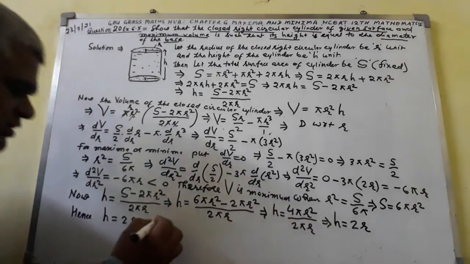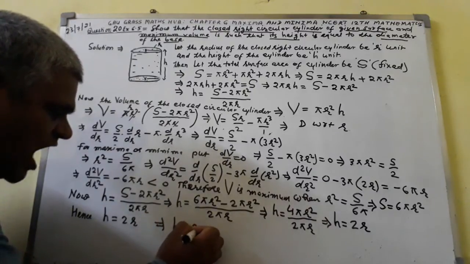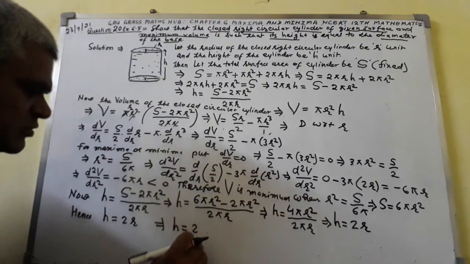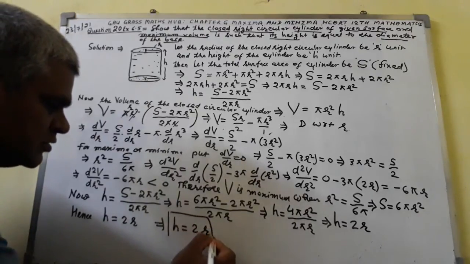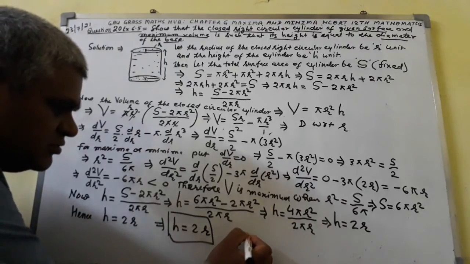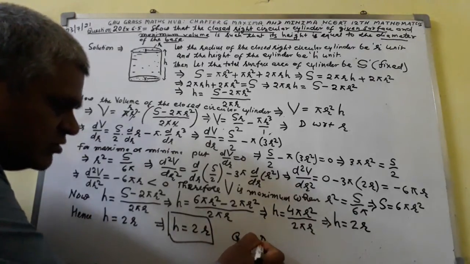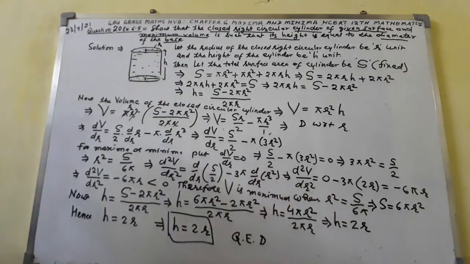So this statement we have got, implies that h equals 2r. This statement I have written here. You can write here, hence proved.